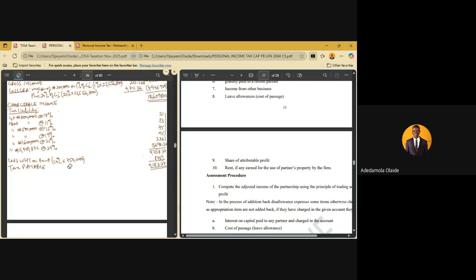Then in calculating what the taxes of each partner should be, we'll now be taking all of the income of the partners, like partner salary, interest on loan, interest on capital, share of the distributable profit.